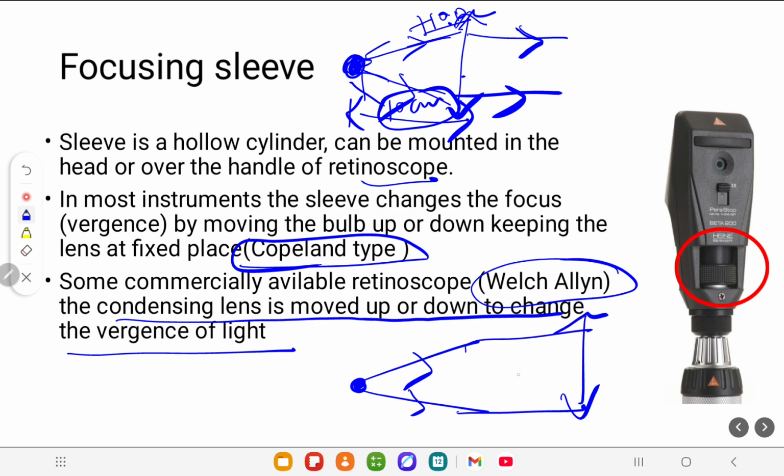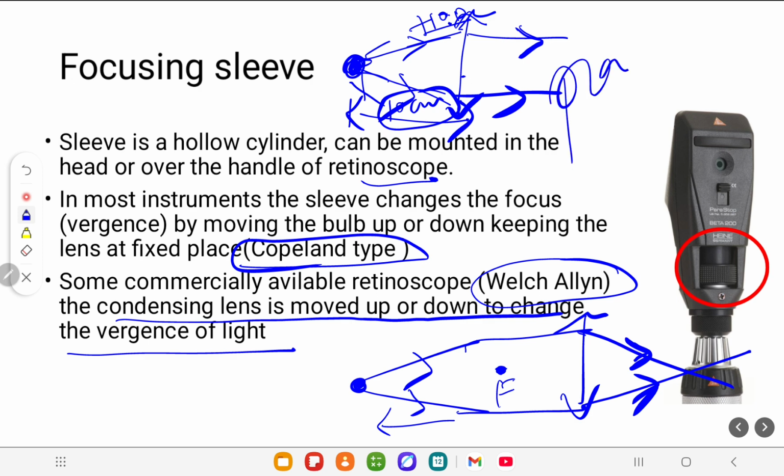What happens? If the object is way ahead of the primary focal point, this is F, then what happens? The light converges. That's the principle of the plane mirror effect versus the concave mirror effect, because a concave mirror does convergence of the light. That's what the concave mirror effect is.